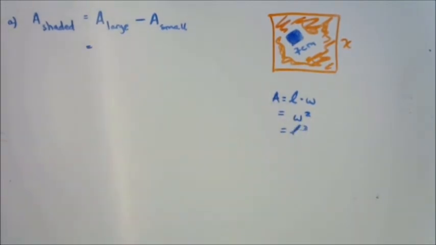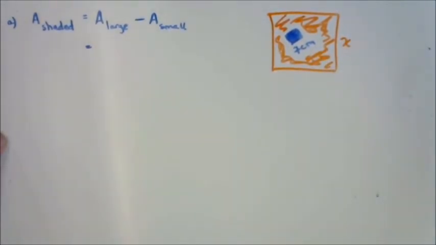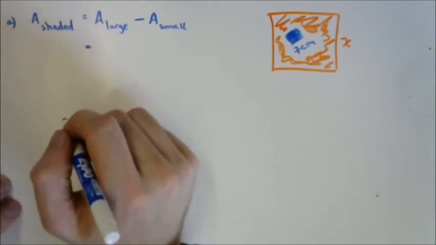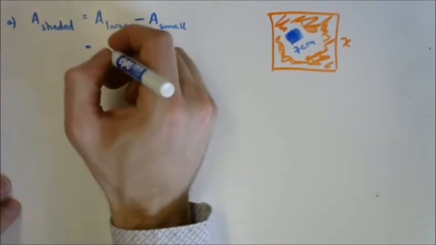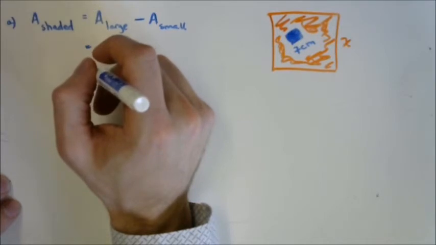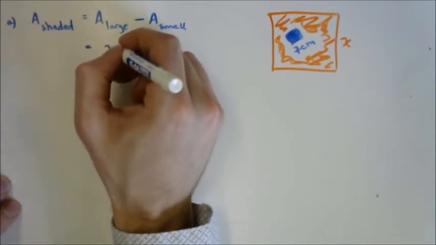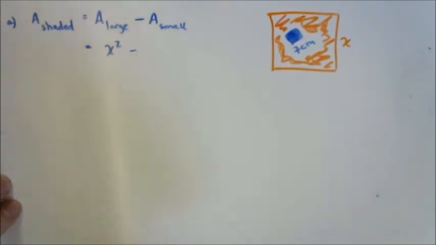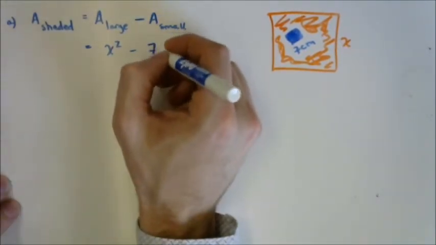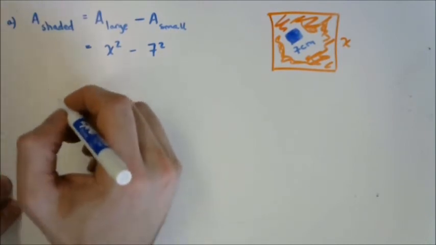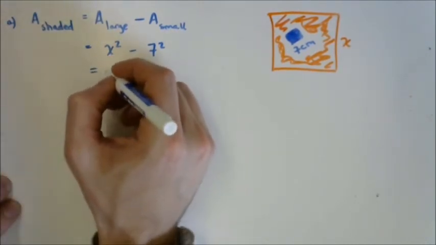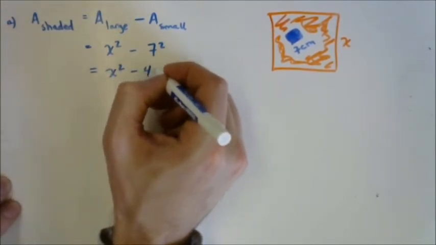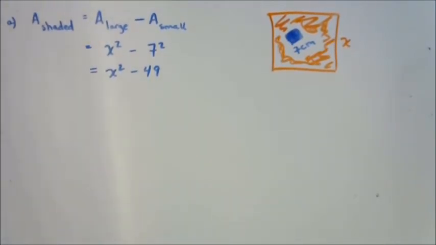So what's the area of the orange square? And the area of the small square? 7 squared. And we can simplify that. X squared minus 49. Okay, so the shaded area should be x squared minus 49.